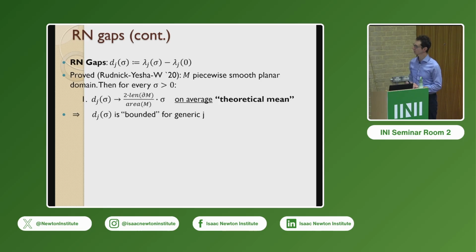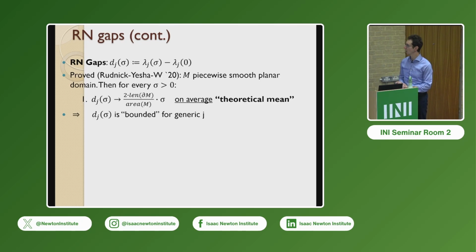Now, here's a statement of one principal result of our study about Robin and Neumann gaps. Recall that the Robin and Neumann gaps are the positive numbers d_j(sigma), which is lambda_j at sigma minus lambda_j at 0, the Neumann, so the Robin minus the corresponding Neumann eigenvalue in ordering. We proved, first of all, that these numbers d_j(sigma) converge on average to the theoretical mean that we observed in the first picture.